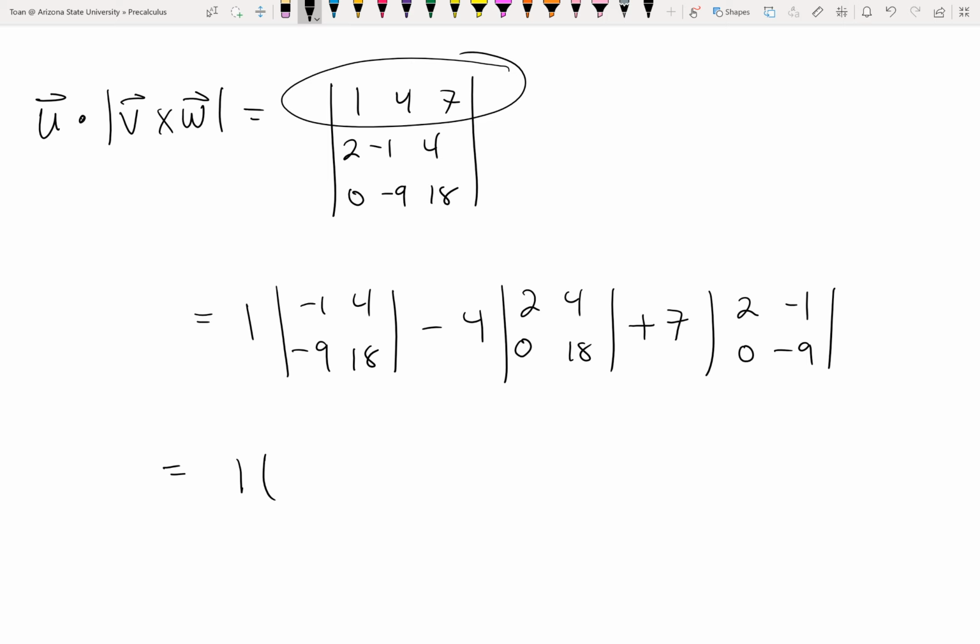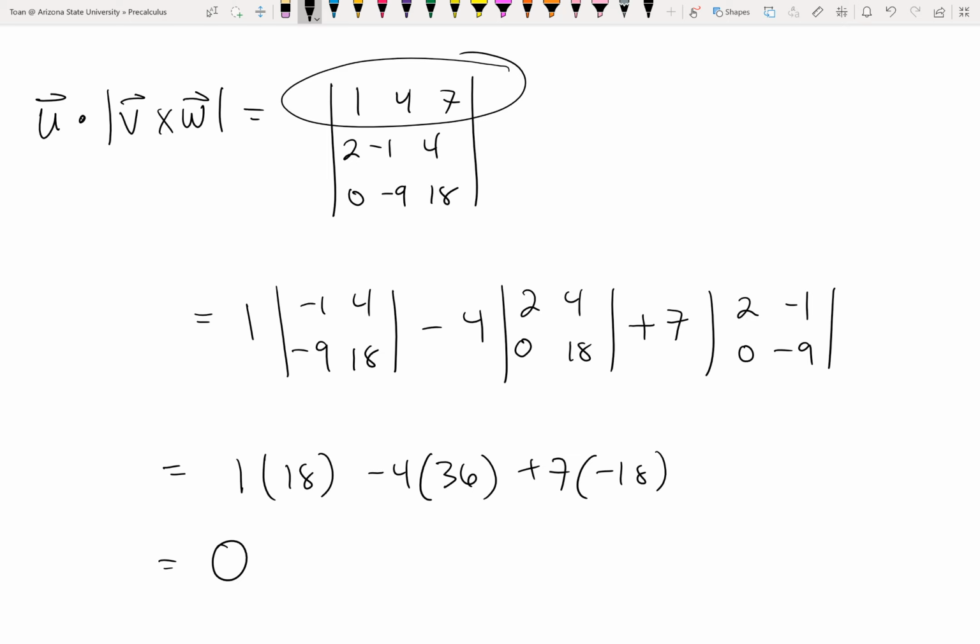So that's negative 18 plus 36, which is going to be 18. Minus 4 times 36 minus 0, that's 36. Plus 7 times negative 18 minus 0, which is negative 18. And 18 minus 144 minus 126 is 0.